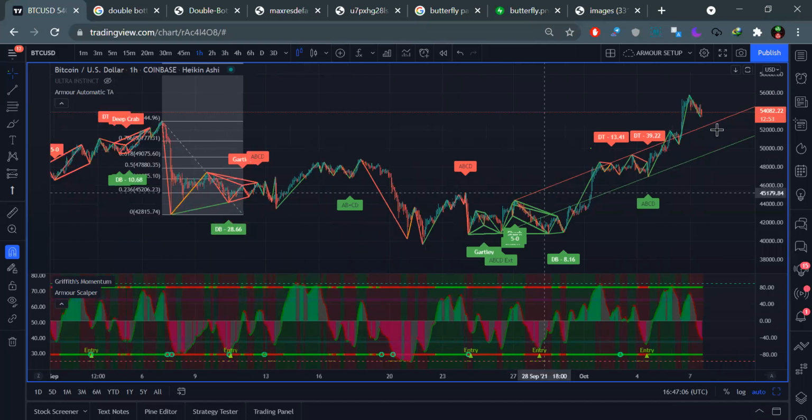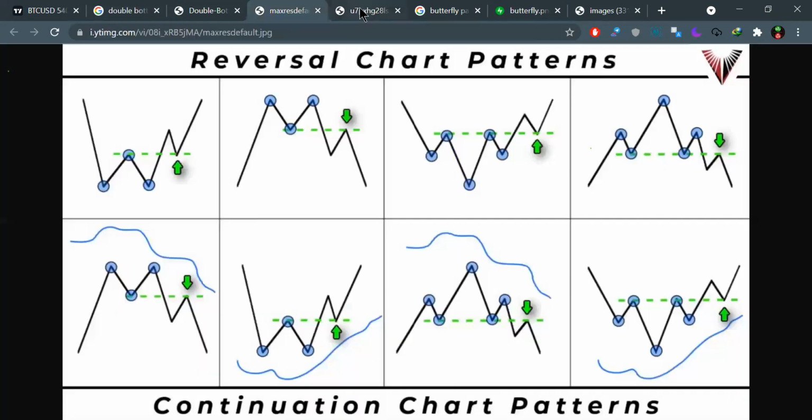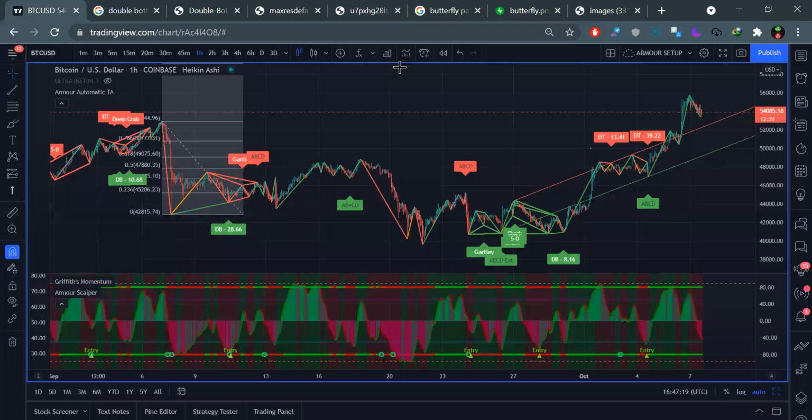These lines that you see are the lines which you saw here. So these red lines will form automatically. You won't do anything. So you need to just identify and confirm your entry with the scalper.